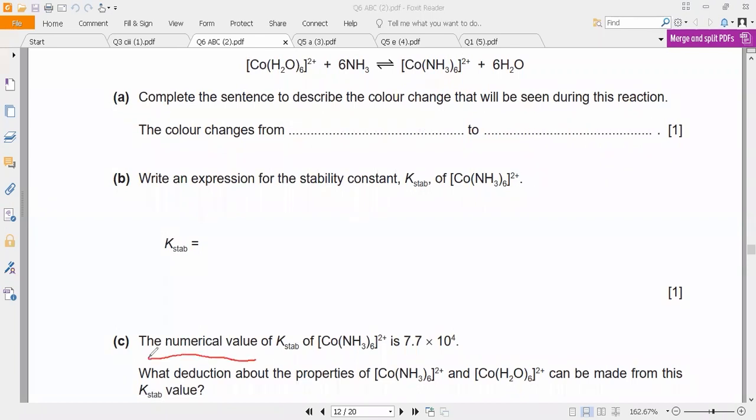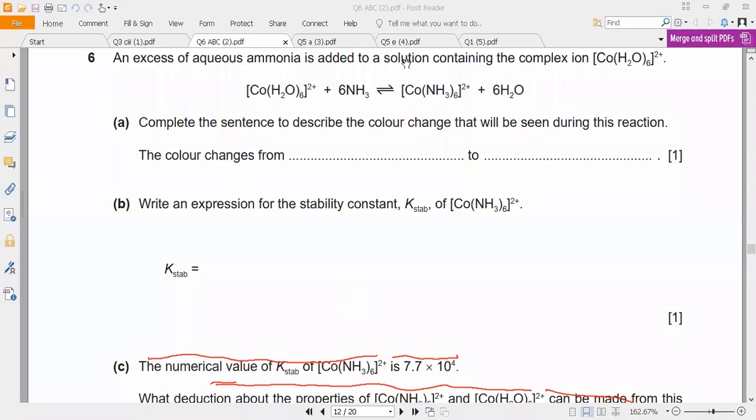The numerical value of Kstab of [Co(NH3)6]2+ is this number. What deduction about the properties of this one and this one can be made about this value?